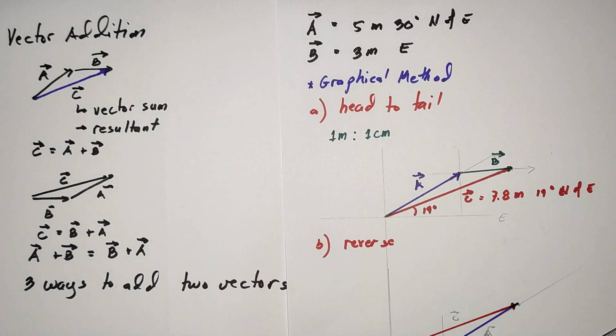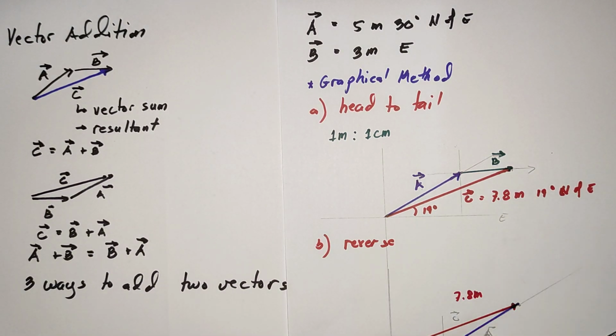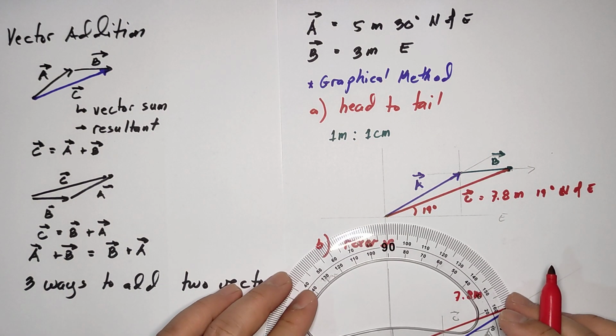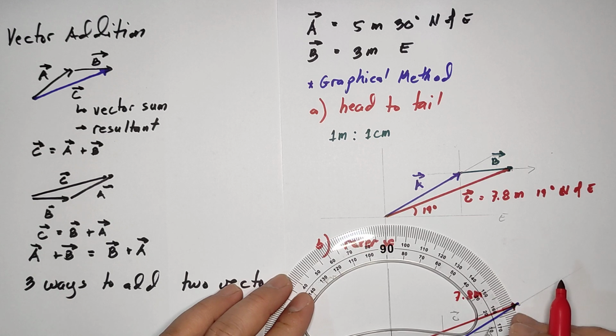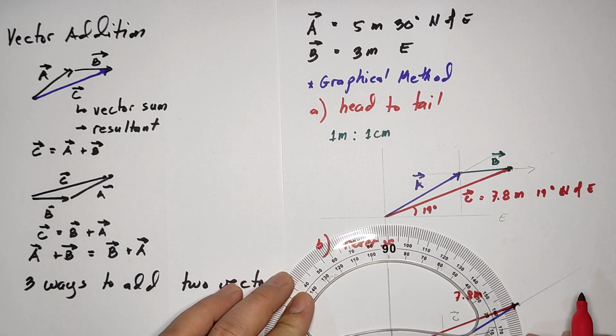So the C is 7.8 meters. Then if you measure the angle, here is the angle, it is around 18 to 20. So I hope you can see that.